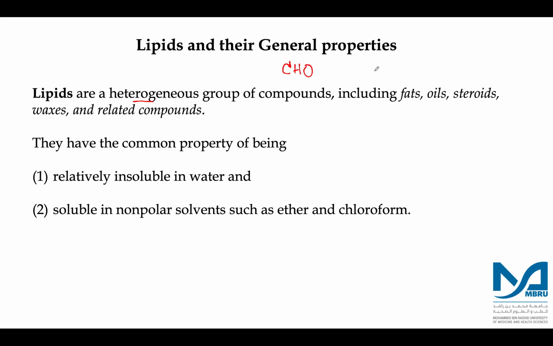And unlike carbohydrates, where the ratio of hydrogen to oxygen is 2:1, in lipids, the hydrogen to oxygen ratio is not 2:1. So that's the difference between lipids and carbohydrates, if you want to distinguish between them based on their molecular composition.